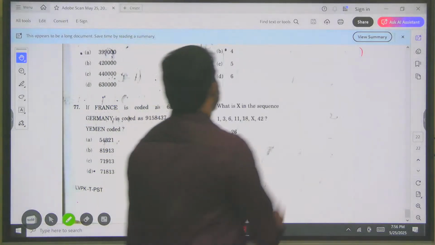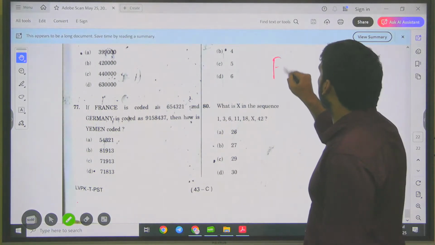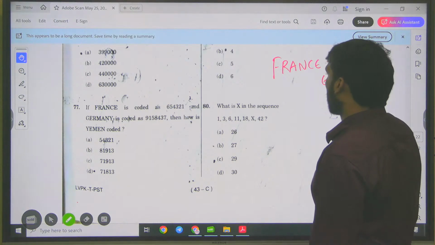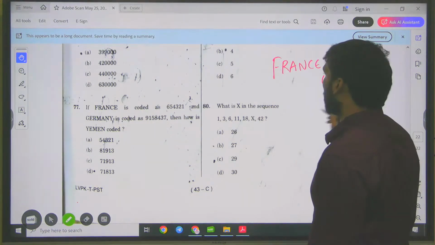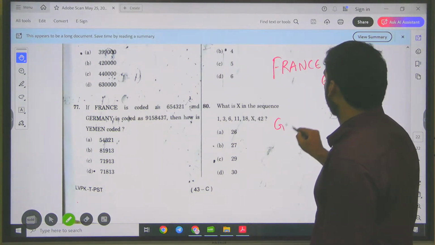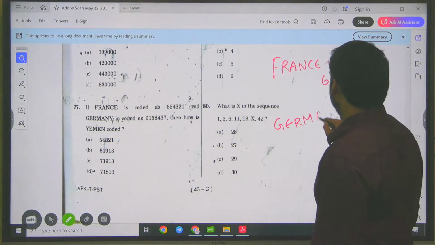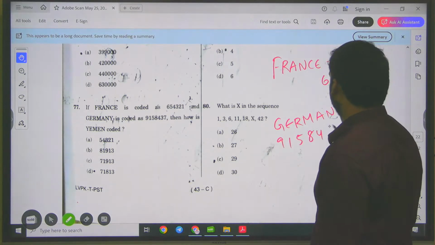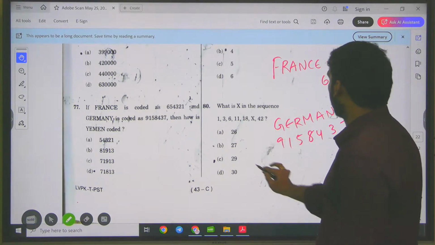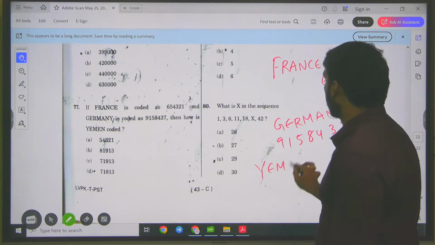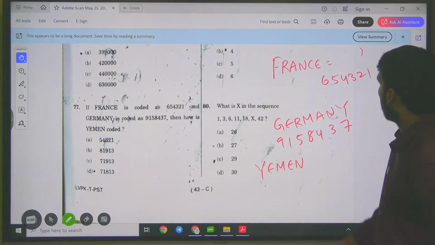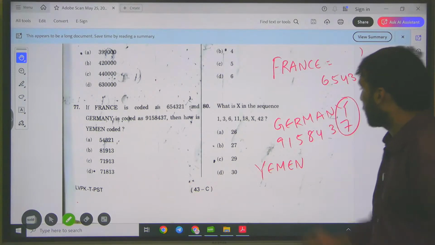France is coded as 654321. Germany is coded as 9158437. Then how is Yemen coded? Now, if you observe this, Y is 7.